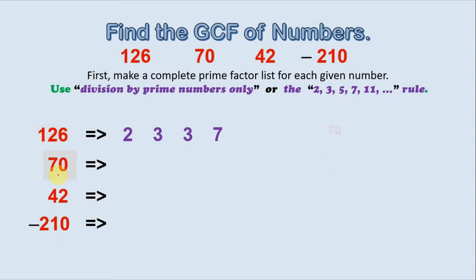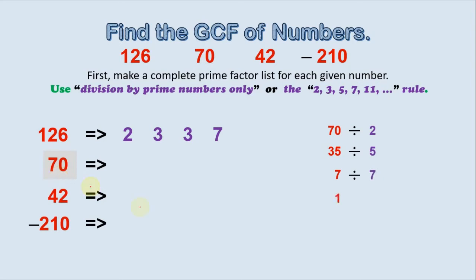Consider 70. 70 divided by prime divisor 2 is 35. 35 divided by the next possible prime divisor 5 is 7. 7 divided by prime divisor 7 is 1.